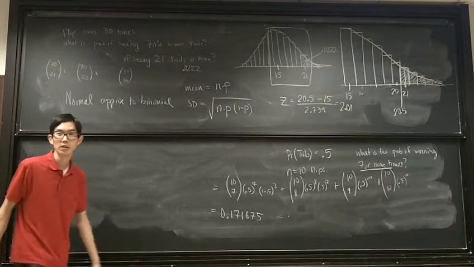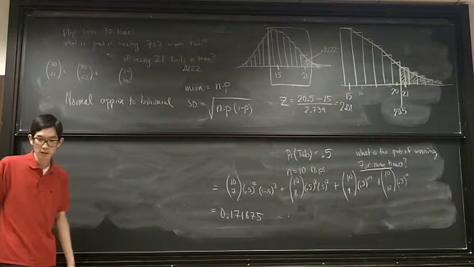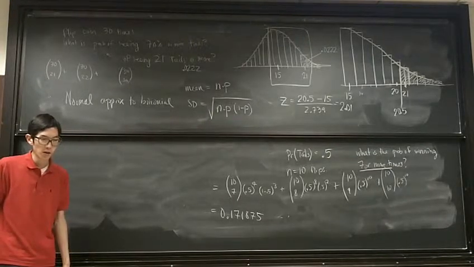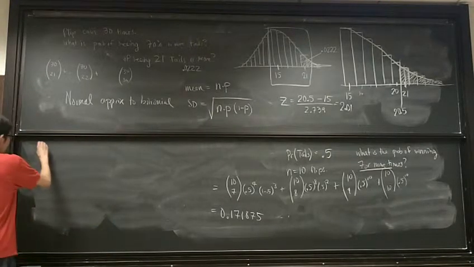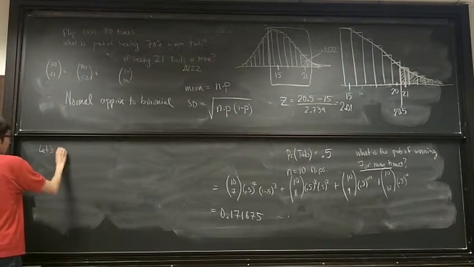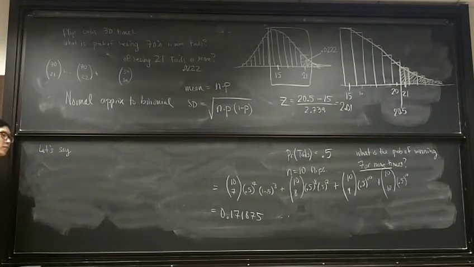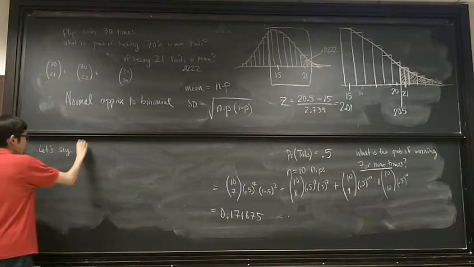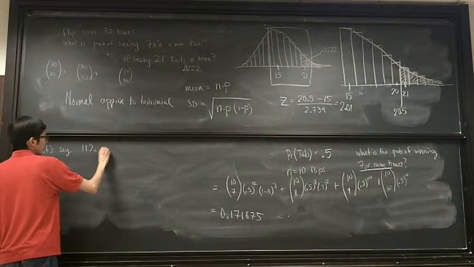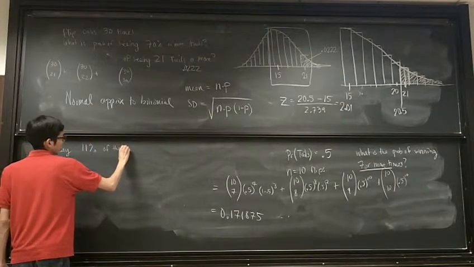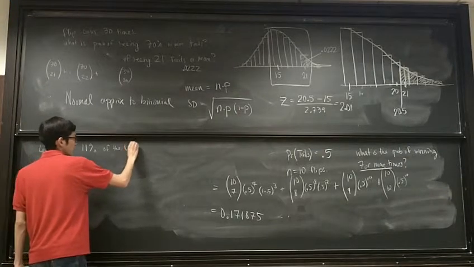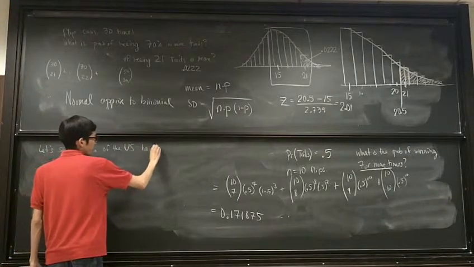So let's say 11% of the US has type B blood.